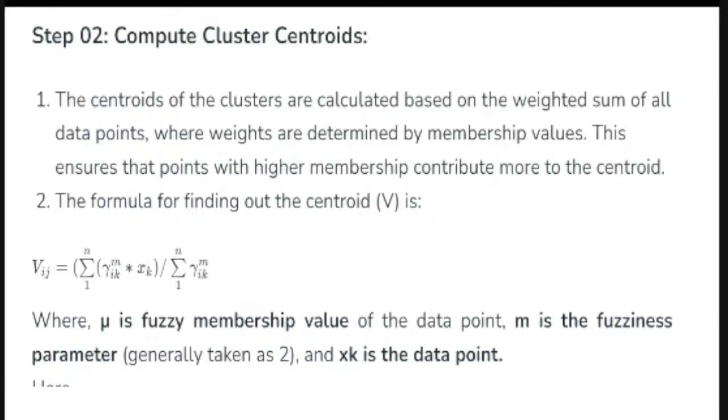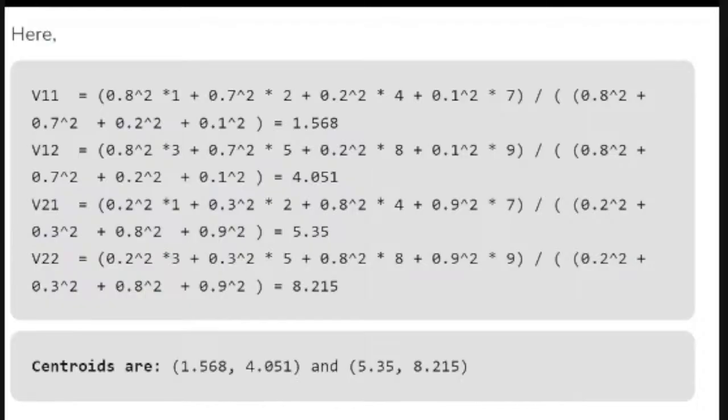Okay, now look at me, we have one table. Here V11 equals: what is the first assumed value in the table for the first point, cluster 1? 0.8, 0.8 whole square into the first point, 1. Next data point is 2.